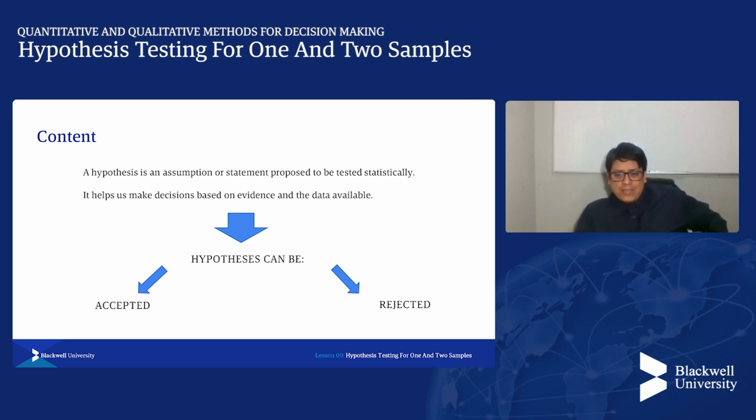And what we are going to see today is precisely everything we need to do to statistically test that hypothesis. It is worth mentioning that this process allows us to make decisions based on evidence, on empirical data and those analyses. And finally, as I mentioned, hypotheses can be accepted or rejected. This is the mechanism and the criteria for accepting or rejecting them. That is what today's lesson is about.